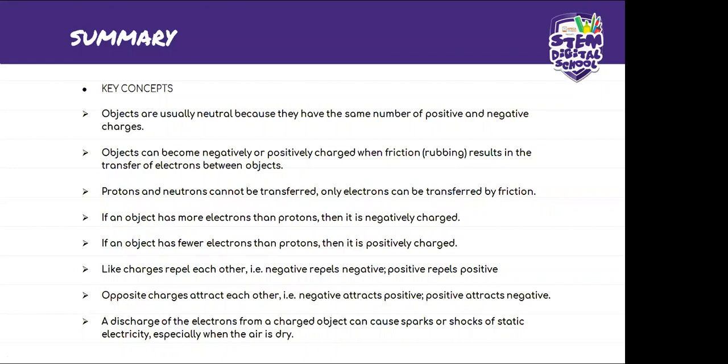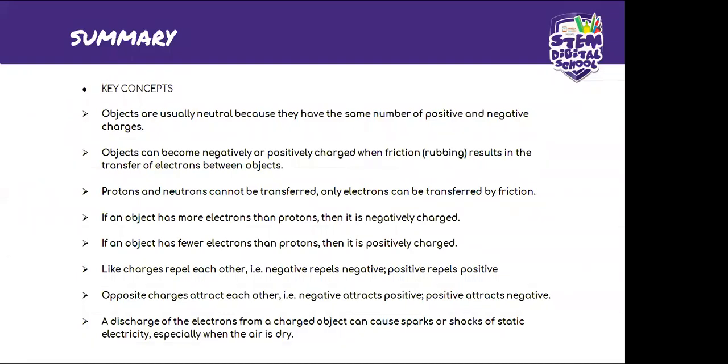An object can become negatively or positively charged when rubbed, when friction results in the transfer of electrons between objects. Protons and neutrons cannot be transferred because they are found in the nucleus of the atom. It's only electrons that can be transferred by friction, because electrons are found outside the nucleus, so they can easily be dislodged from their comfort zone.